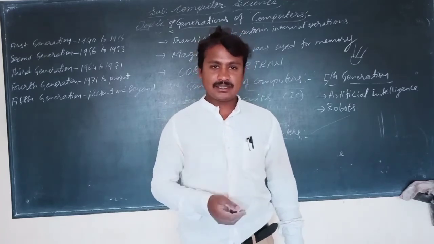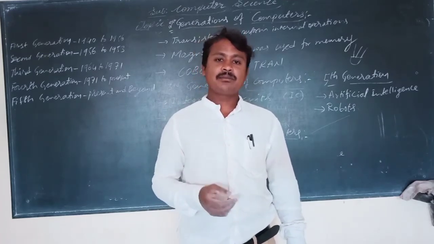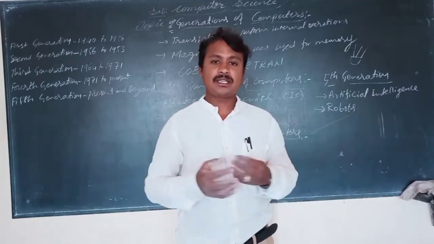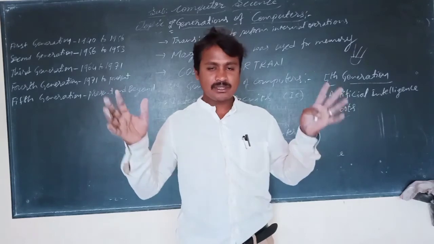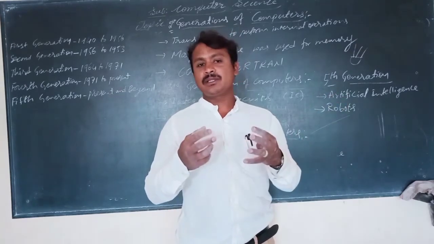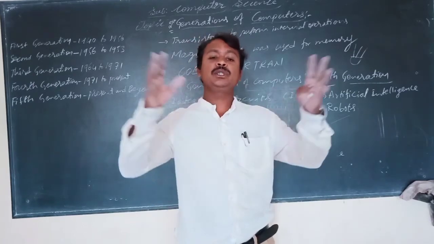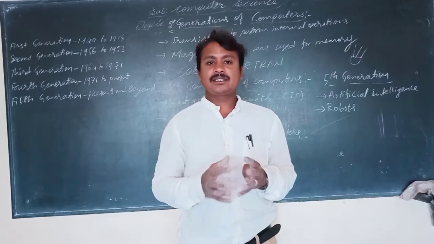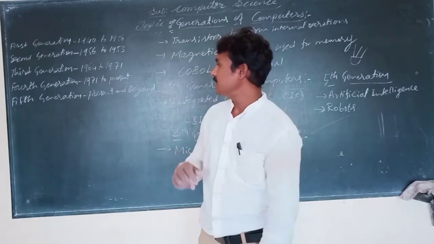You can write like this. These computers are very slow, consume a lot of power, and are very huge and big. These characteristics you must mention for the first generation.